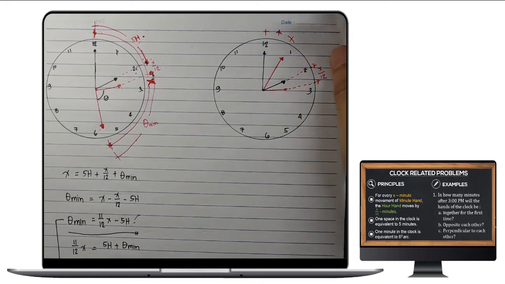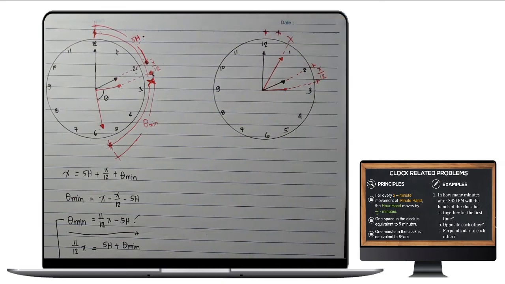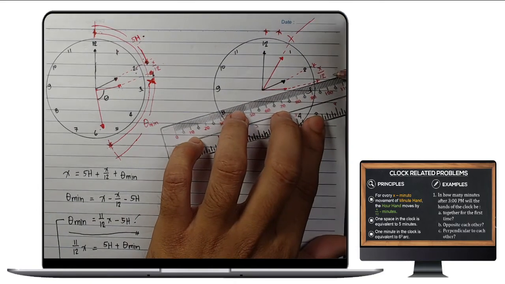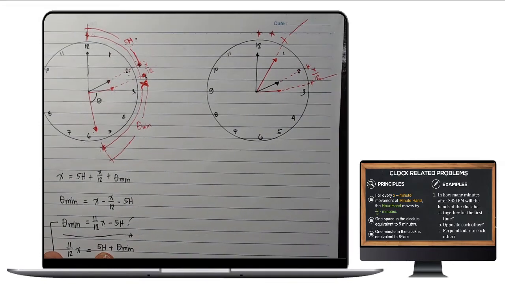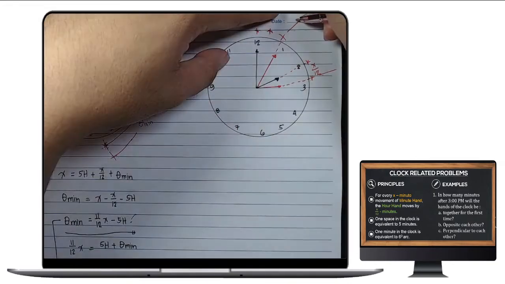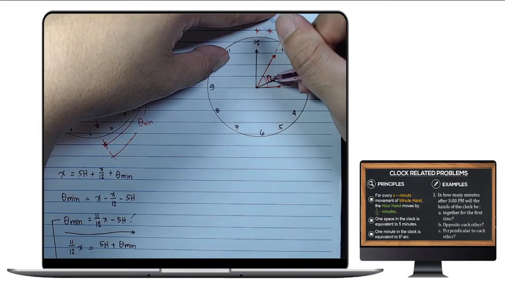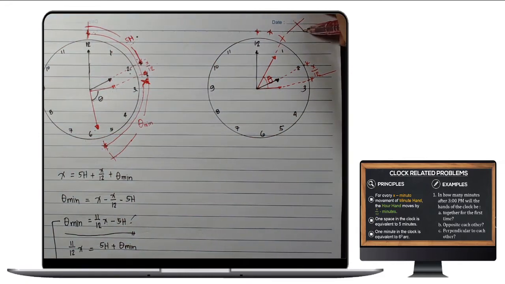Okay? So, i-plot lang ulit natin. So, from this point to this point, yan yung ating minute hand. Then, let's say, mula dito, sa pwesto ni minute hand, and this is the position of our hour hand. So, yung pagitan nilang dalawa, that is our theta, the displacement between the minute hand and the hour hand.